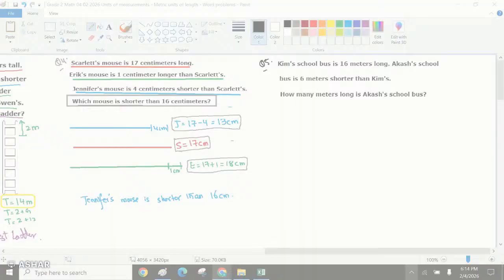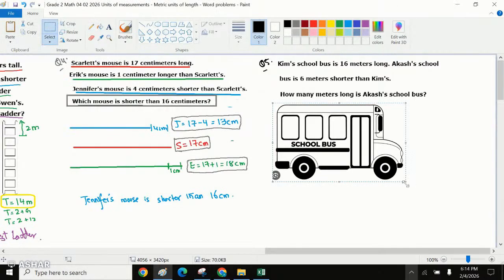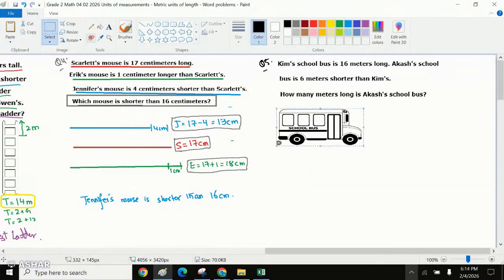We can say if this is the first bus given to us, Kim's school bus is 16 meters long in length, right? What is the next?